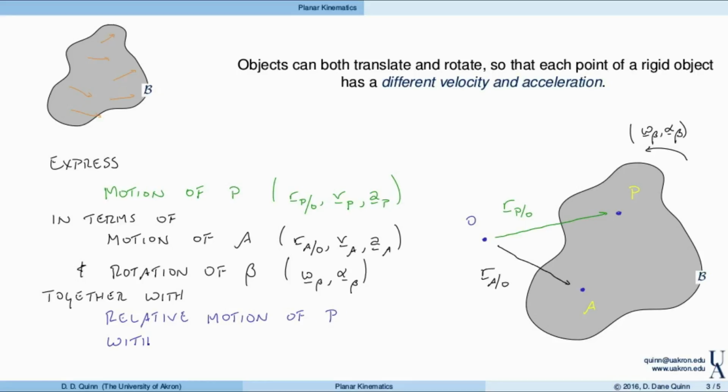So the relative motion of P with respect to A. What happens if we know how P moves in the object? Or even better, if P is fixed in the object, then we can draw the position vector like so. And this would be, of course, r of P with respect to A.